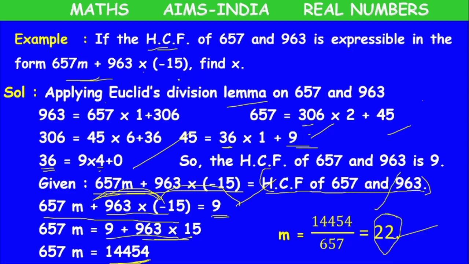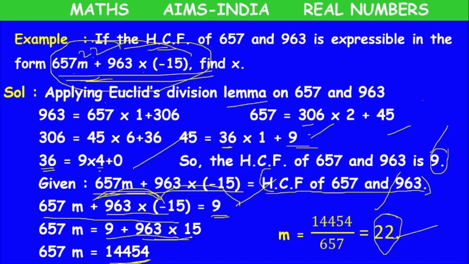Here the HCF is not 22, the HCF is 9 only. But they are telling that HCF is equal to this expression. In this expression, the M value is 22. If we keep in the place of M 22, then this value will become 9. So by using Euclid division algorithm, we can find answer for these types of questions.